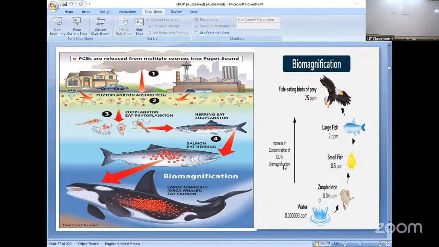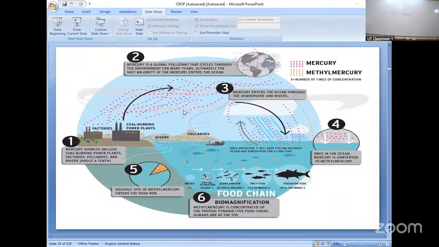DDT means dichlorodiphenyltrichloroethane. It is a pesticide. So this is called biomagnification, right? And this pesticide is present in the atmosphere also. It enters into the water also. So it hampers the carbon cycle also. Okay.